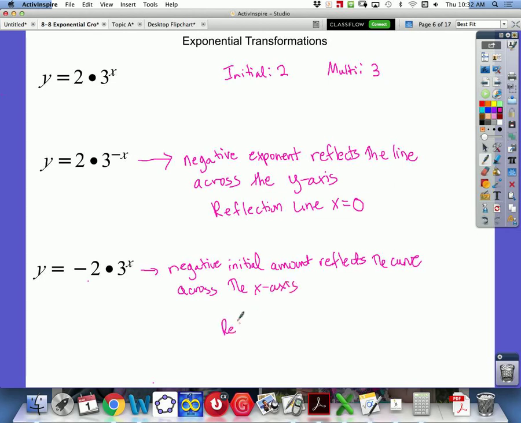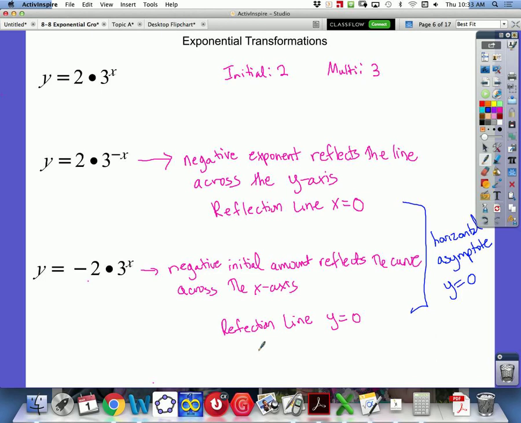So our reflection line is now y equals 0. And in both of these cases, the horizontal asymptote is at y equals 0.